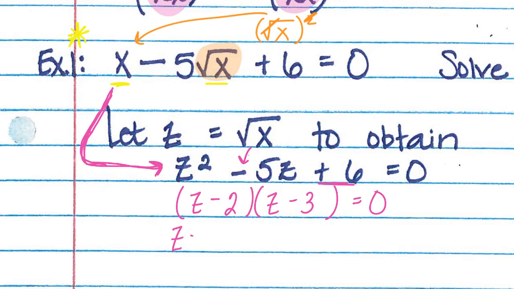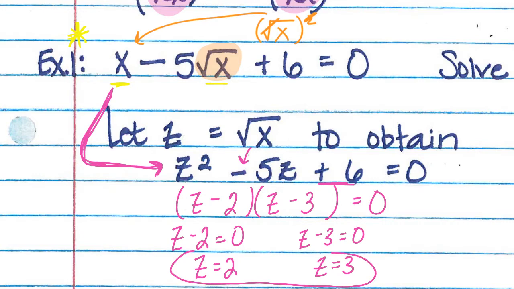So when I solve, z is going to equal 2, and when I solve the other one, z is going to equal 3. But here's my problem. I'm not solving for z. I'm solving for x. So I have to plug it back into z is equal to root x.